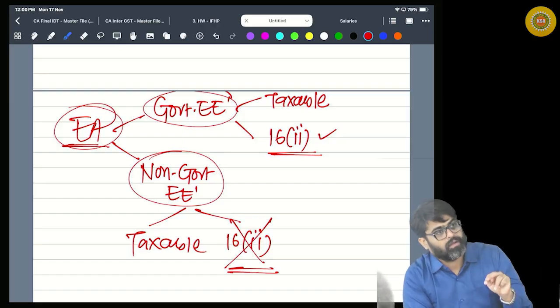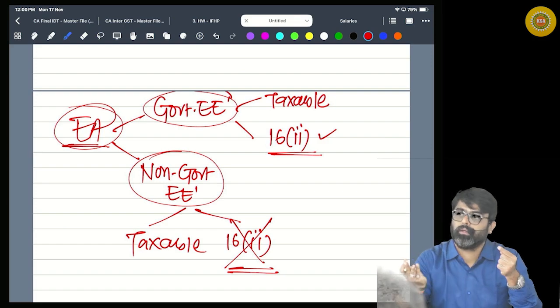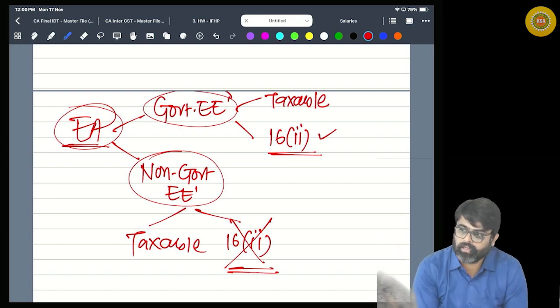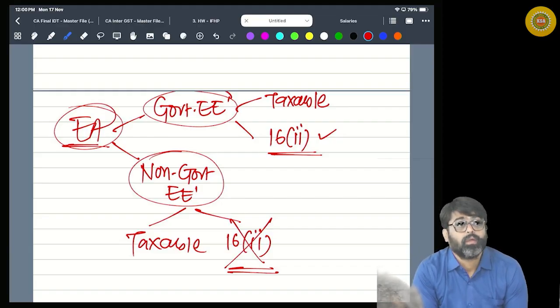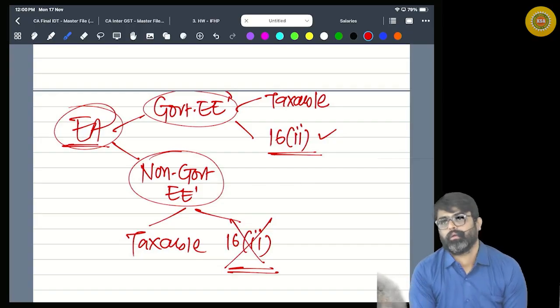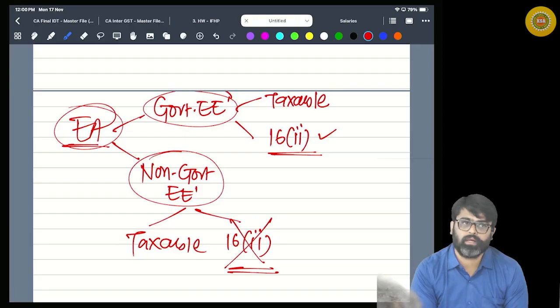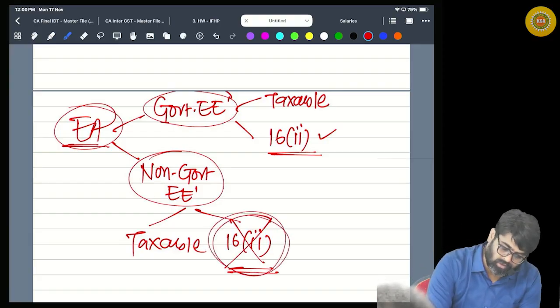And second effect, once you have taxed it, claim the deduction under section 16 clause 2. Yes or no? And if you are a non-government employee receiving entertainment allowance, first effect, fully taxable. Now, even if you want, you cannot claim the deduction, because the deduction under section 16 clause 2 is available only to government employees.